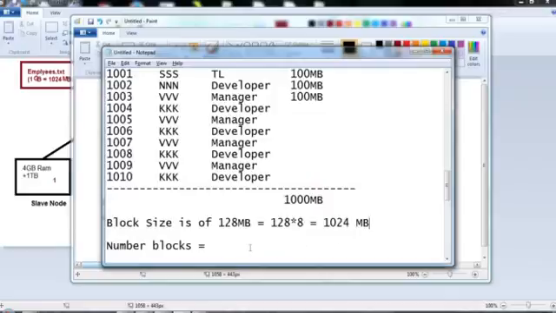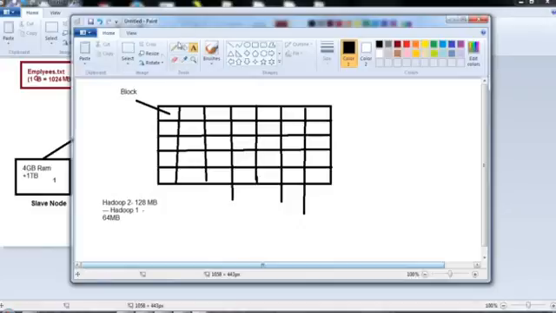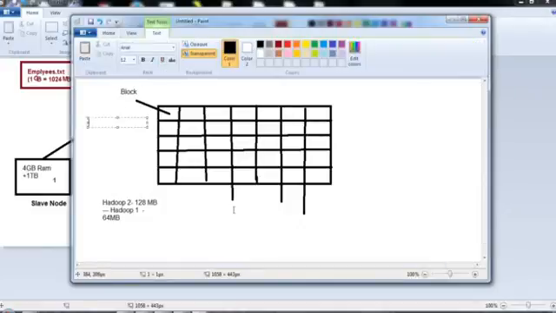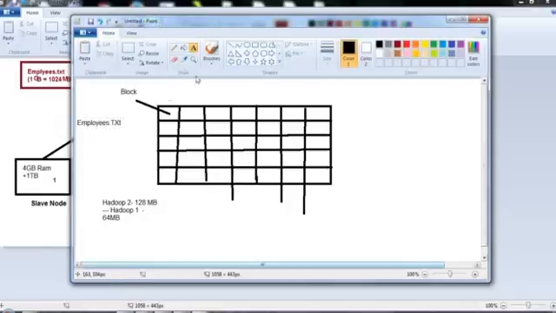So the number of blocks required is 8 blocks. Okay, so when I send employees.txt to our cluster, how many blocks will get filled?